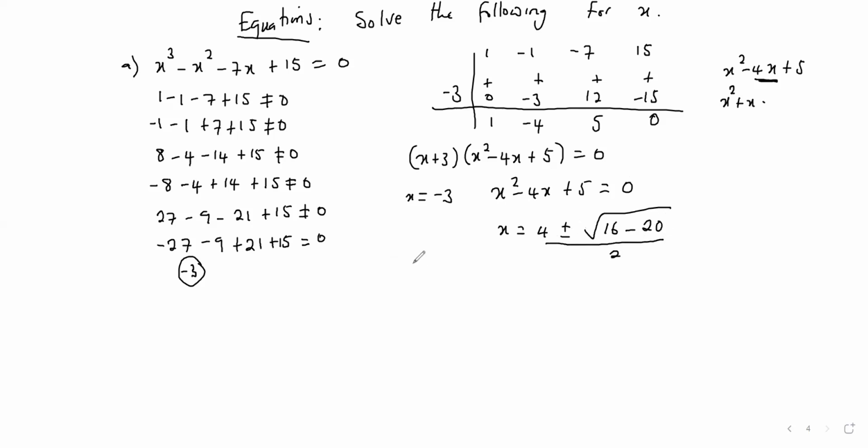So it means that the only value of x that we have is negative 3. The other ones are complex, and we would have loved to have real ones. So this is how this one ends.